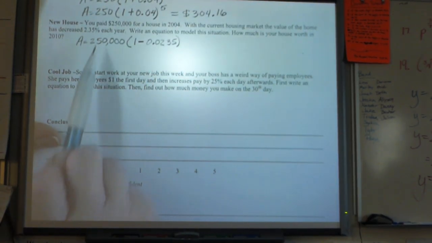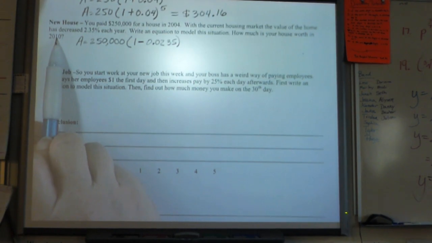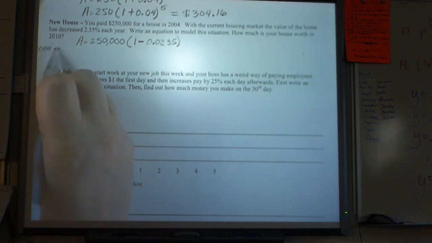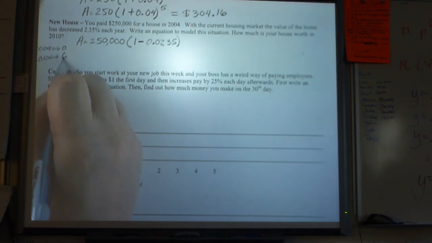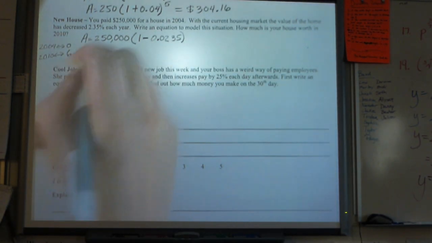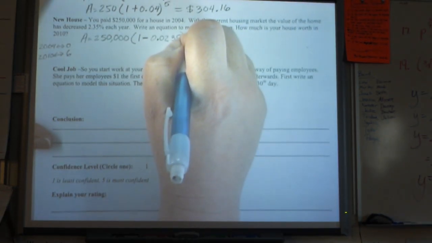And they asked us to tell the value in 2010. What was our starting year? 2004 corresponds with our starting time. Okay, so what's 2010 minus 2004? 6 years. Okay, so this is going to be to the 6th power.